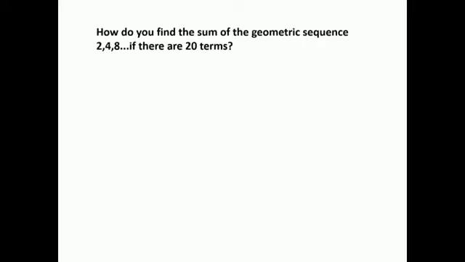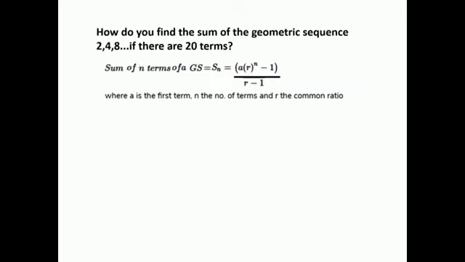How do you find the sum of the geometric sequence 2, 4, 8, if there are 20 terms? Sequence means the numbers separated by commas. First of all you must write what a, r and n are. Then you can write the formula: a times r power n minus 1 divided by r minus 1.